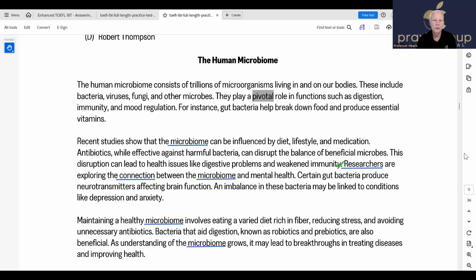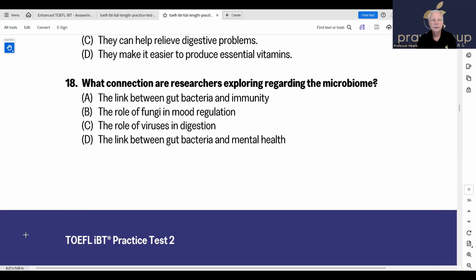So let's take a look at our choices and see what we can eliminate. Remember, the sentence says that researchers are exploring the connection between the microbiome and mental health. Choice A states the link between gut bacteria and immunity. Again, we're talking about mental health, so it wouldn't be about immunity. Choice A is not possible.